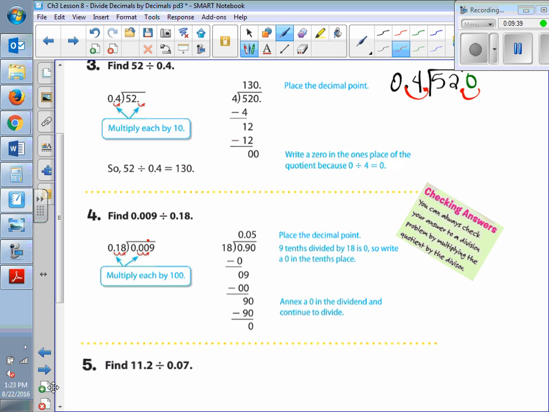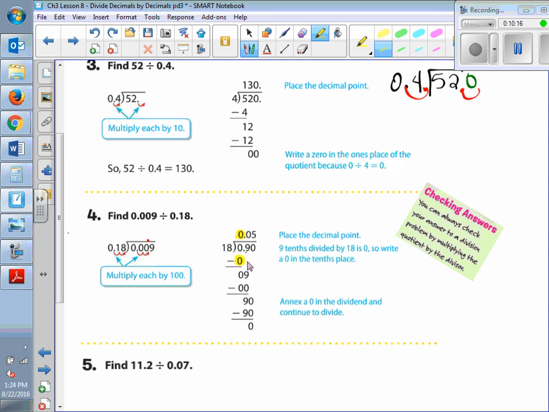Now, when we divide, look at this division, okay? So, 18 cannot go into 9, right? 18 does not go into 9, so there you have to put your 0. Is everybody with me? So 0 times 18 is 0, we subtract and then bring down that 9. Oh, I put the 0 in the wrong place. We have to put this 0. So 0 times 18, that's 0.